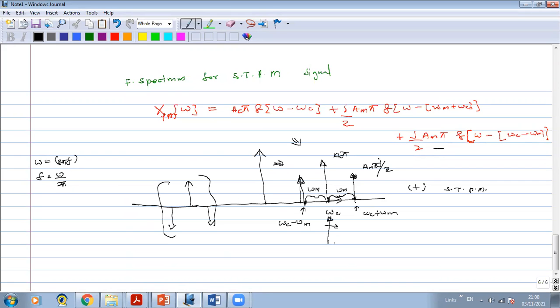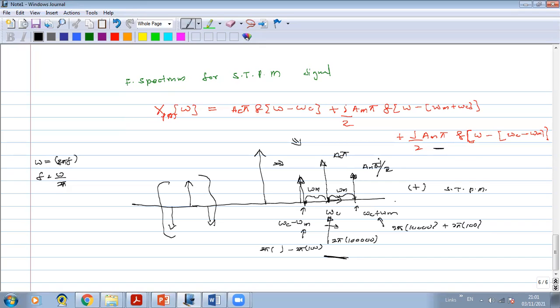Here we have 2 pi 10,000, and this point is 2 pi 10,000 minus 2 pi 500, and this point is 2 pi 10,000 plus 2 pi 500. So this is our spectrum.